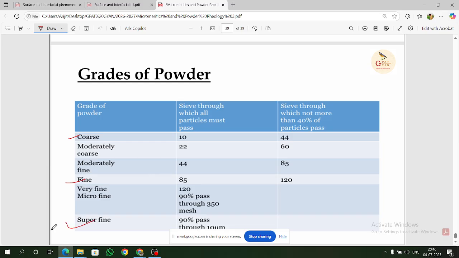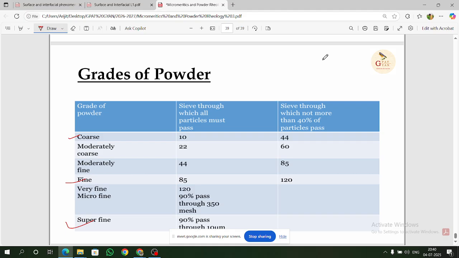Sieve through which all particles must pass, and sieve through which 40% of the particles can pass. Now, sieve means what? I think you have already studied it and done the practical. There are lots of sieve sizes, like 18 mesh, 22 mesh, 16 mesh, 60 mesh.